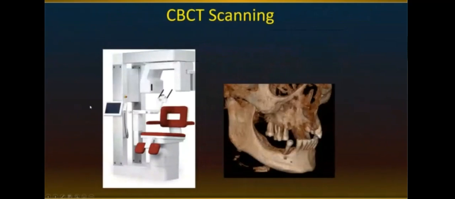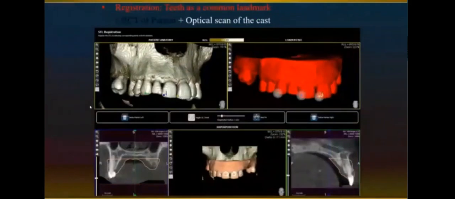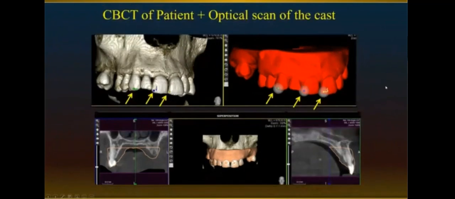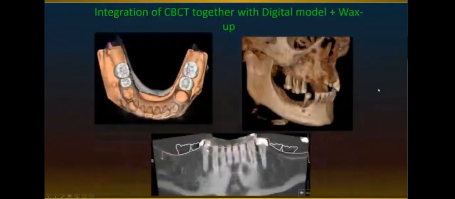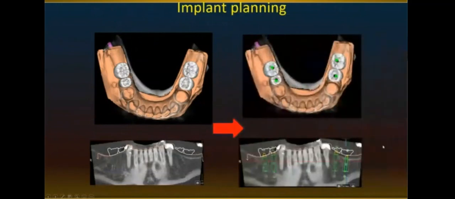Then you have the CBCT scanning, and it's preferable to correlate the CBCT, which shows the bone, with the digital model that shows the surface structures, including the soft tissues. Then the CBCT and the model together with the wax up can be integrated. Then you can make your restoration based on the wax up.